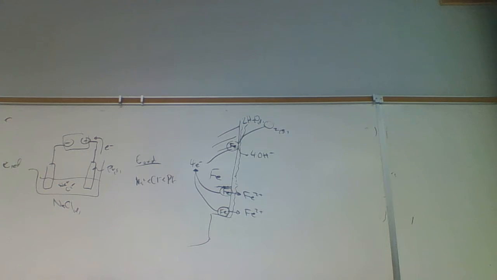This is what happens when you look at the chart a lot. If you look at the chart a lot, copper, what can oxidize copper? Will tin 4 oxidize copper? Well, actually, let's not do this copper. Let's do the other copper.